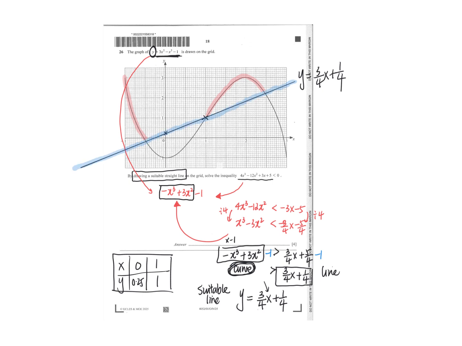So for the range of values of x starting from here, all the x less than minus 0.45, my curve is above. Then all my x between 1 to maybe 2.45, my curve will be above. So these are the two range of values where my curve is above the line.